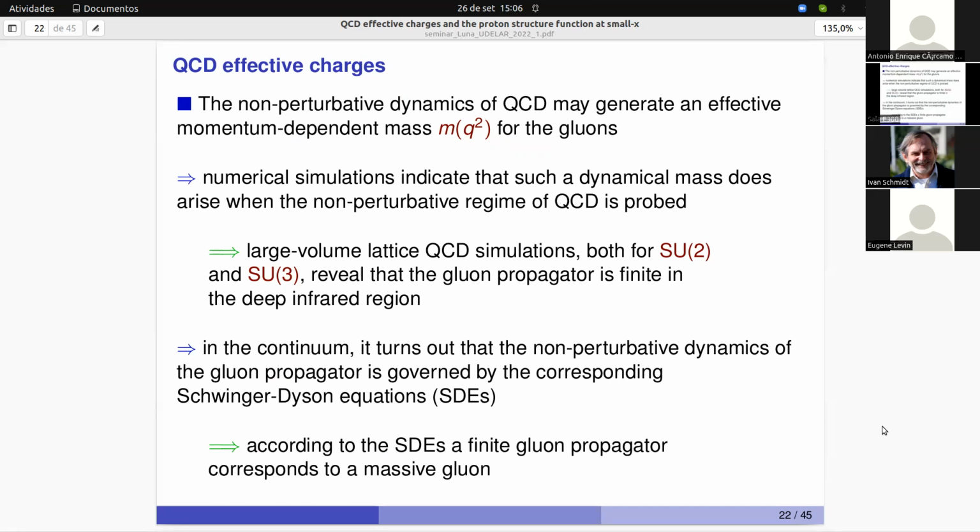But from the point of view of the Schwinger-Dyson equation, this means that a finite gluon propagator corresponds to a massive gluon, so, a gluon with a dynamical mass. That's the relation between these two kinds of non-perturbative tools.